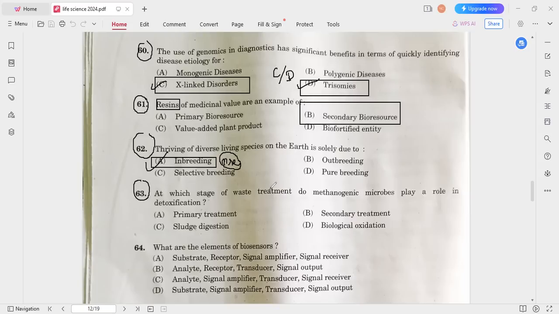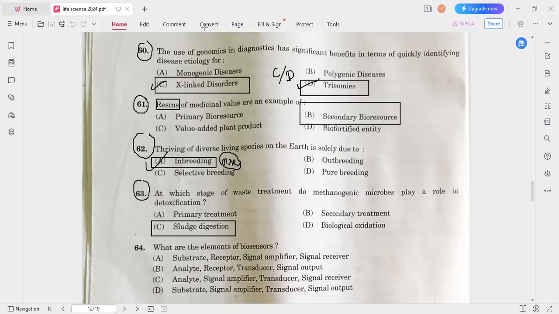At which stage of waste treatment do methanogenic microbes play a role in detoxification? In sludge digestion, the conversion of organic matter into biogas, that is the stage where microbes play a role in detoxification. So the answer for question number 63 is option C, sludge digestion, the conversion of organic matter into biogas.